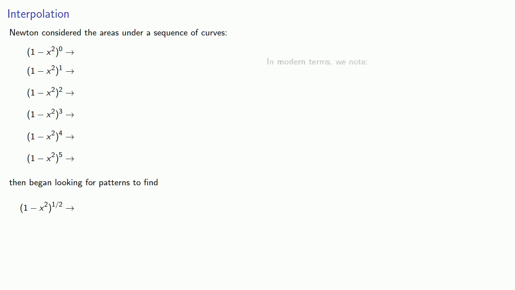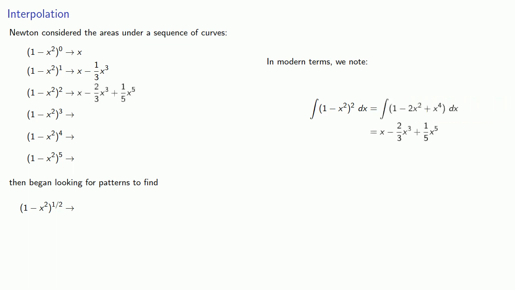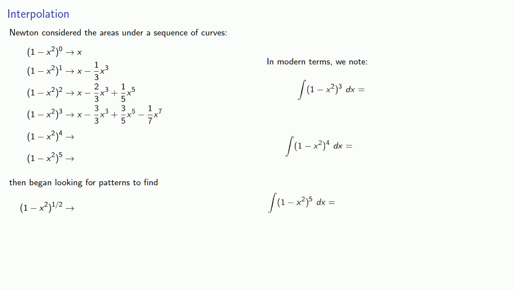So in modern terms, we might note that the area under the curve 1 minus x squared to the 0 is... one minus x squared to the 1 is... 1 minus x squared squared, and so on.